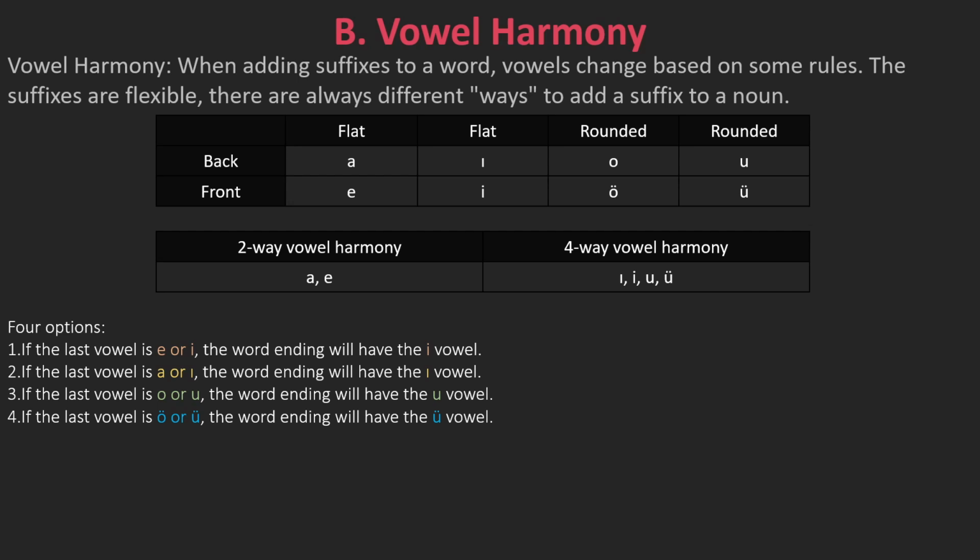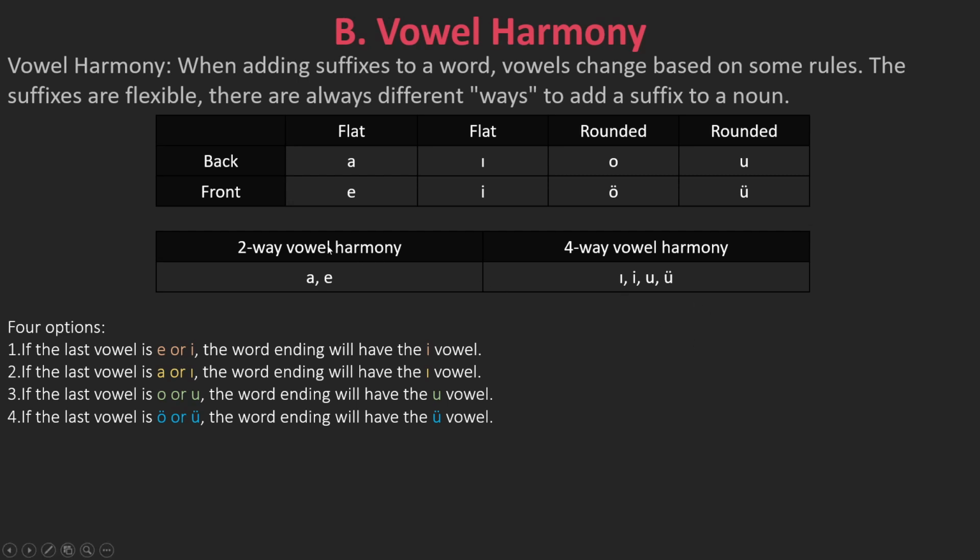You can only go into two directions. But four-way is more complicated. You can go into four different directions. You can use I, U, Ü. Okay? And of course, these four options are mostly used for the four-way vowel harmony.